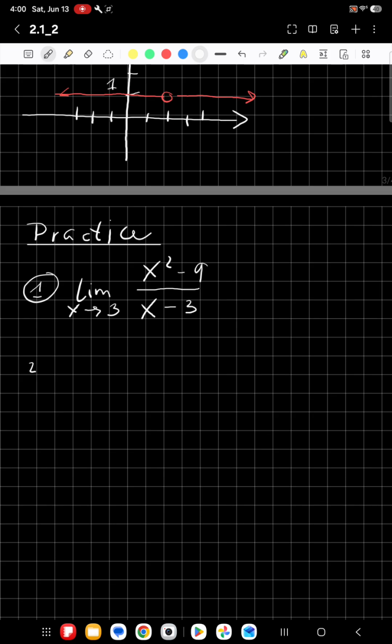That's the first problem. The second problem is the limit as x approaches pi of sine of 2x.